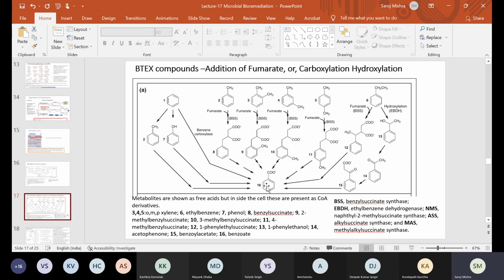And then these bacteria, microbial cells, have enzymes which can act on the benzoic acid, and they can completely mineralize it to carbon dioxide and water. So fumarate is being added here, or carboxylase, that means carbon dioxide is added to these molecules. Or you can have hydroxylation, like in this particular case. Now, whatever the route may be, the end product in all of them is going to be benzoic acid.